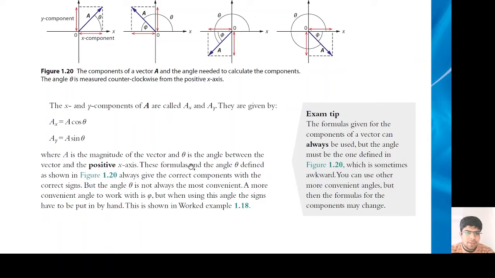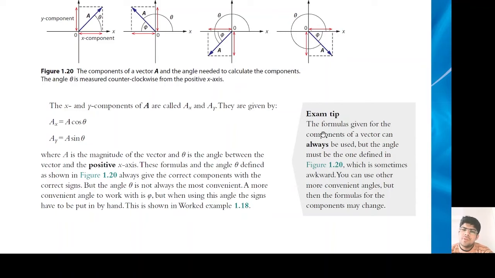These formulas and the angle theta defined as shown in figure 1.20 always give the correct components with the correct signs, but the angle theta is not always the most convenient. A more convenient angle to work with is this, the simple angle phi. But when using that angle, the signs have to be put in by hand. This is shown in worked example 1.1 and we will see that.